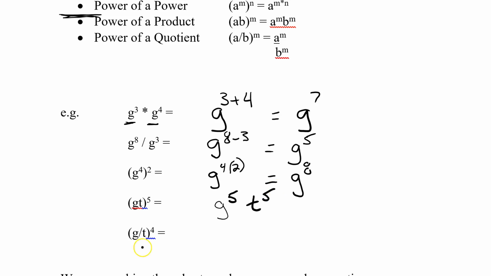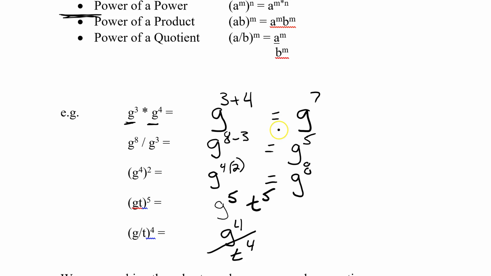And finally, I've got power of a quotient where I have a division to a power of 4. This again could be g to the 4th divided by t to the 4th. So my fraction really stays the same, just that now each numerator and denominator gets raised to the power of 4.